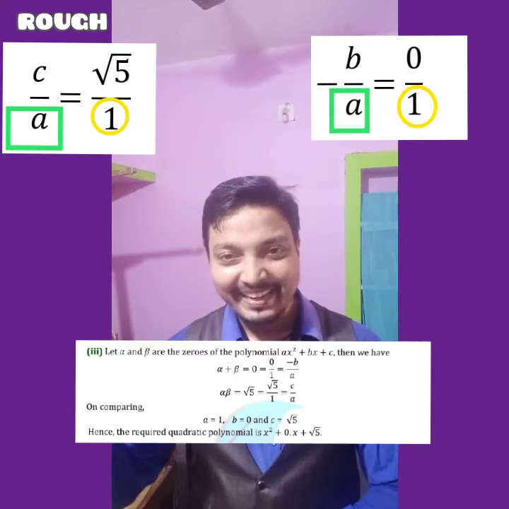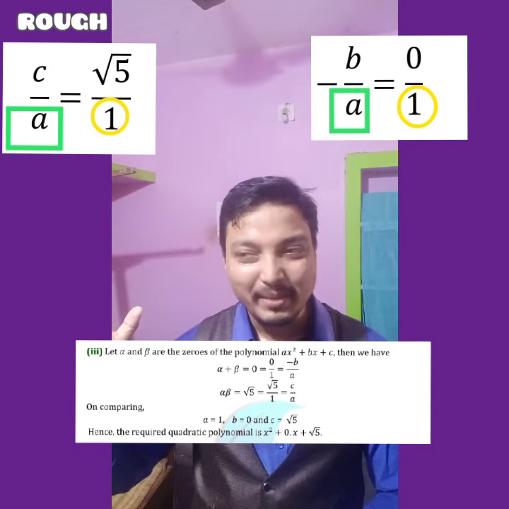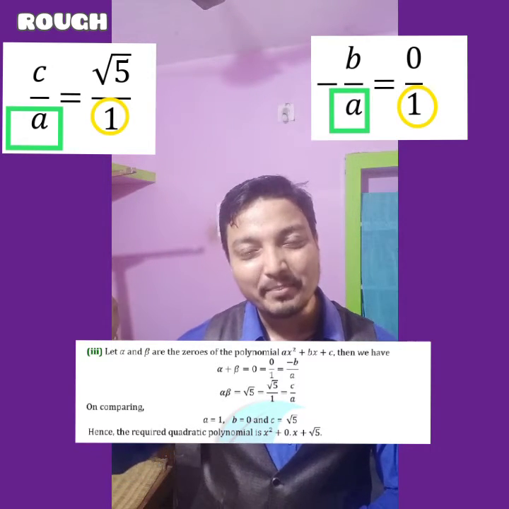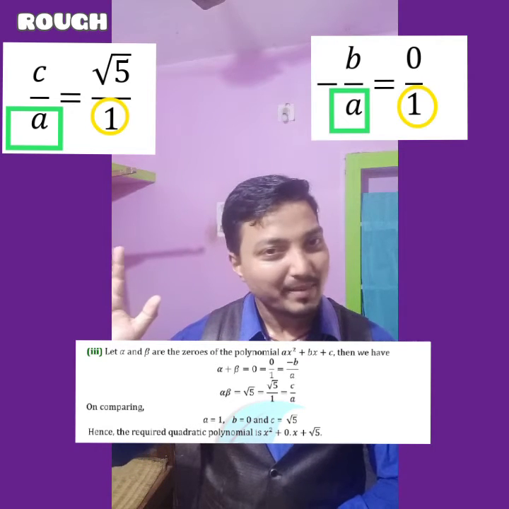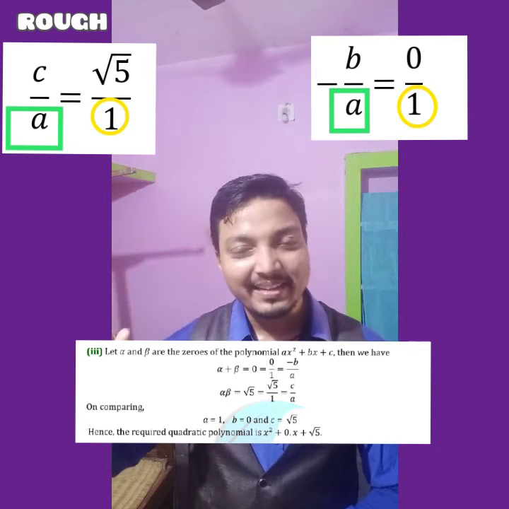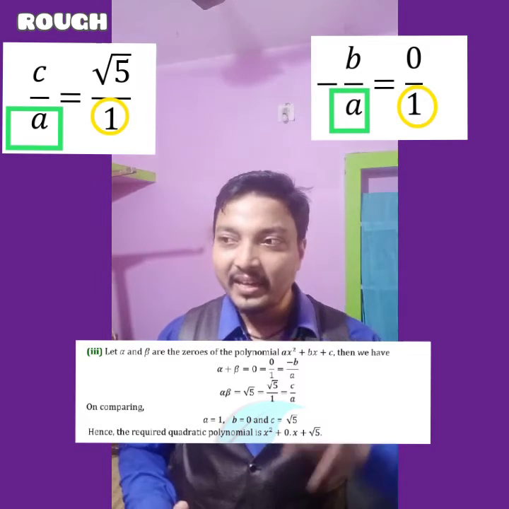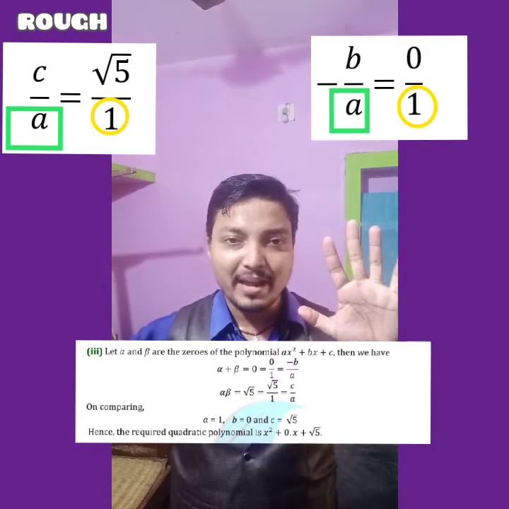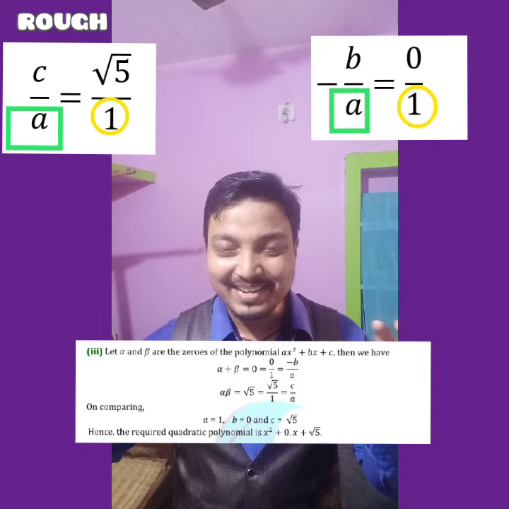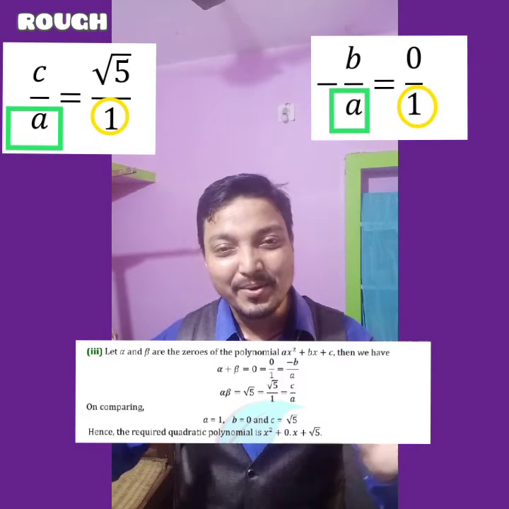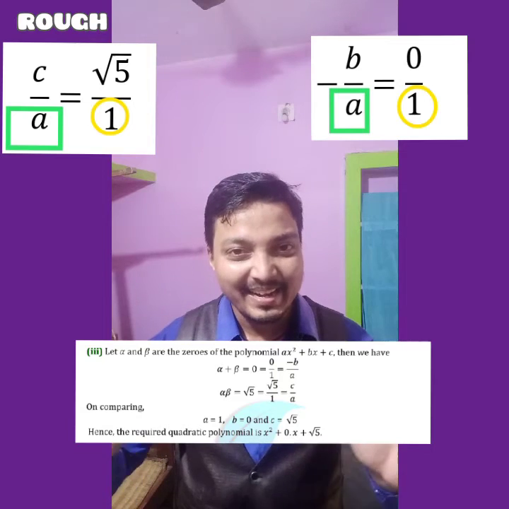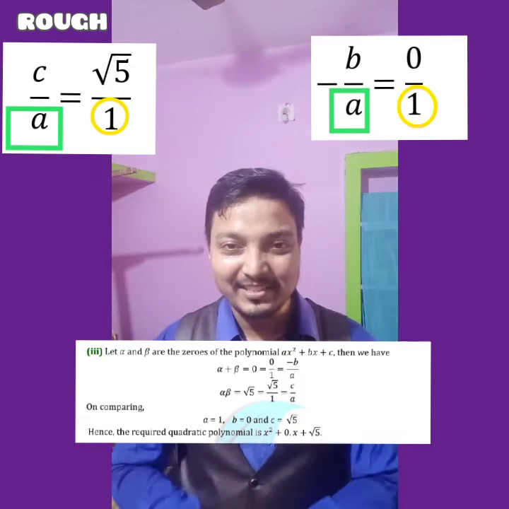And alpha into beta equals root 5, which means c by a is root 5 divided by 1. Here it is 0 by 1, here it is root 5 by 1. The denominators are both the same, 1 and 1, so there is no need to find the equivalent fraction once again.